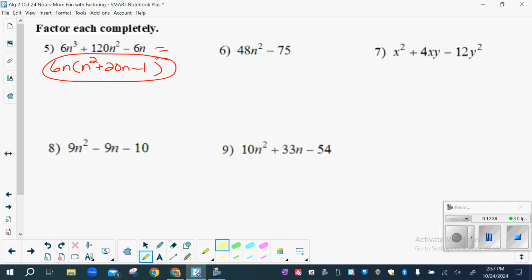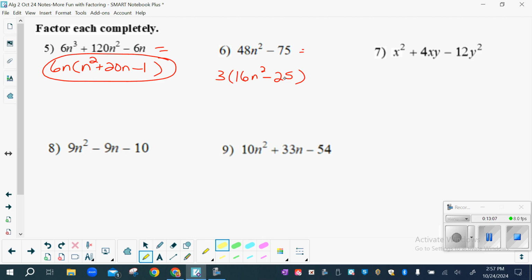We have a common factor that we need to factor out first. What would that be? Three. So what's left? Take 48 divided by 3, that's 16n squared. 75 divided by 3, and this would be 25.